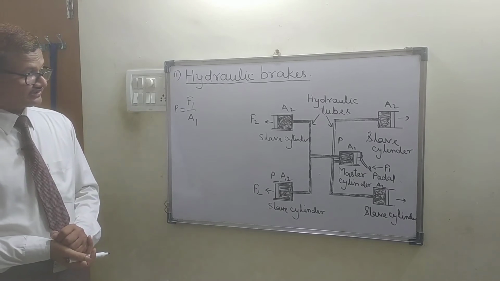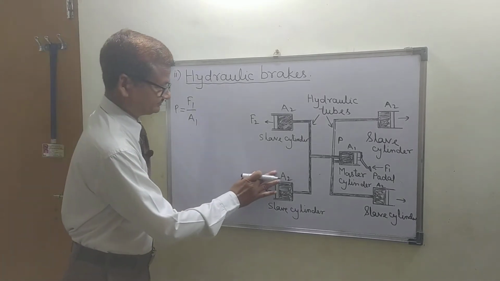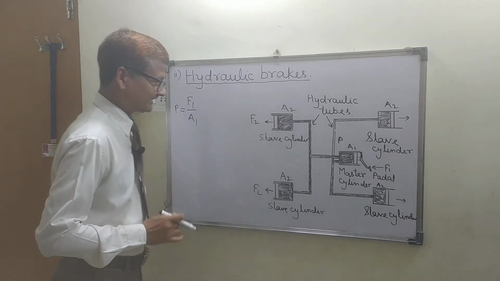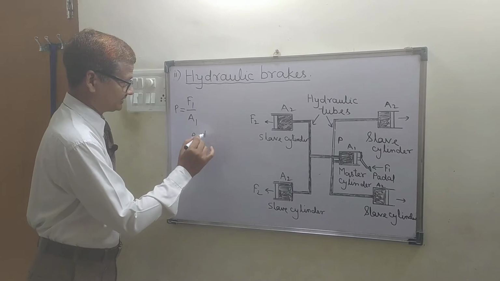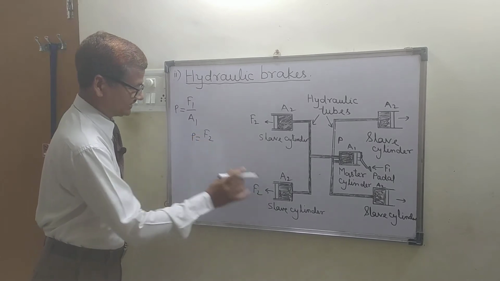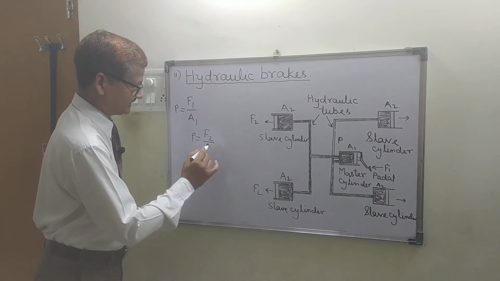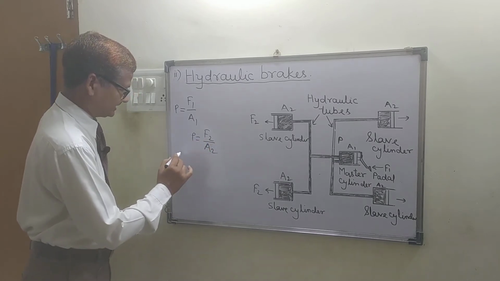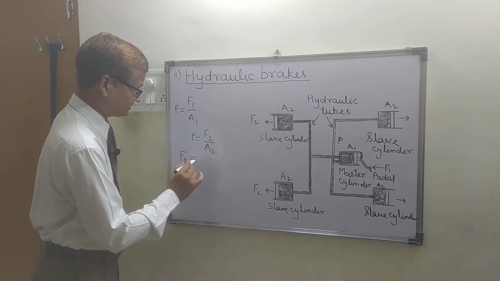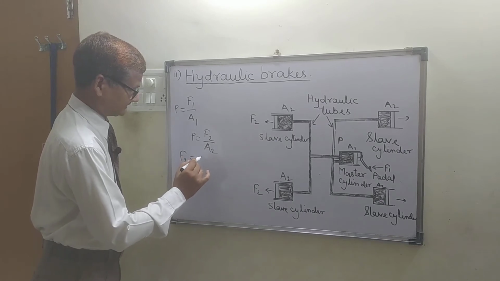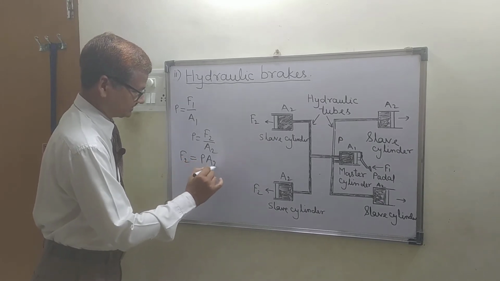Thus you can say the pressure exerted here, P, is equal to the force acting here, F2, upon the area of cross section, that is A2. Therefore, the force acting here on the slave cylinder, F2, is equal to P into A2.